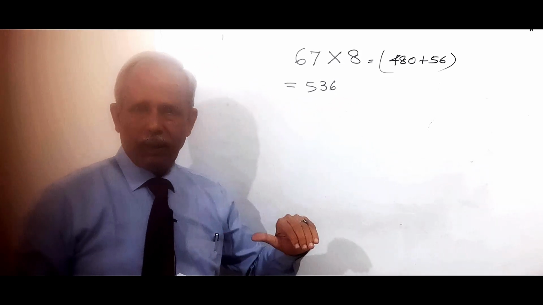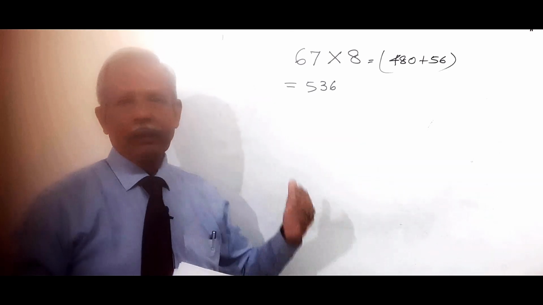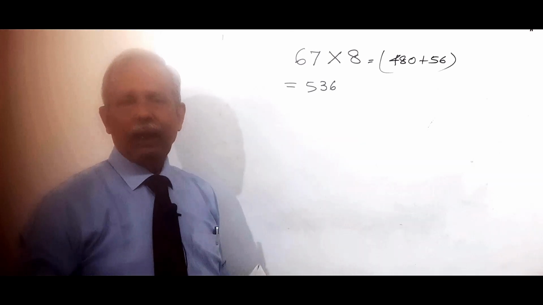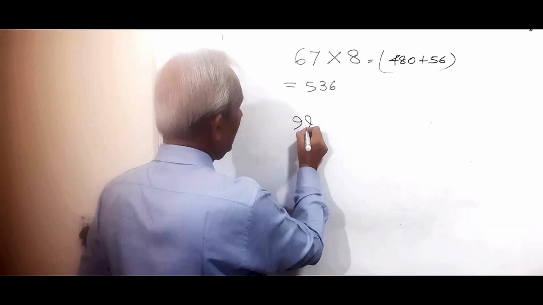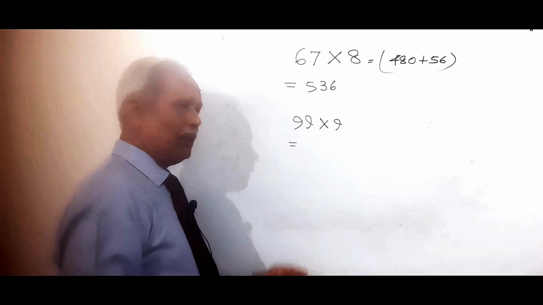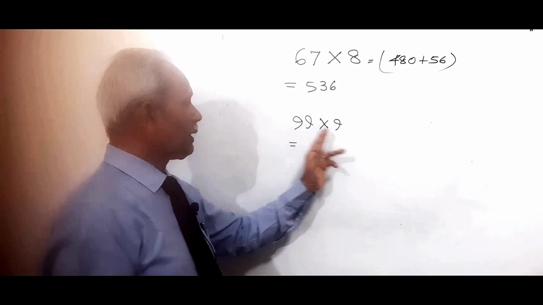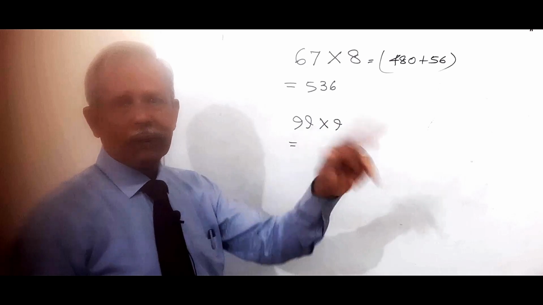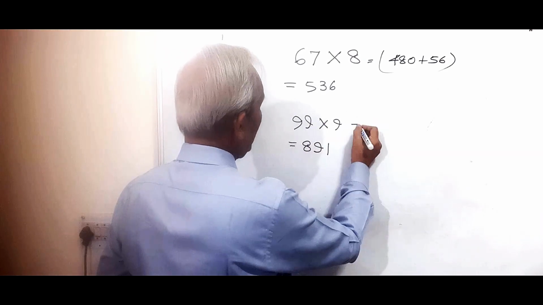Now you have seen that we can in fact take any two-digit number and do the multiplication. If I take 99 into 9, how are we going to tell you the result? 90 into 9 is 810 plus 81. 810 plus 81 is 891. In fact, what has happened?